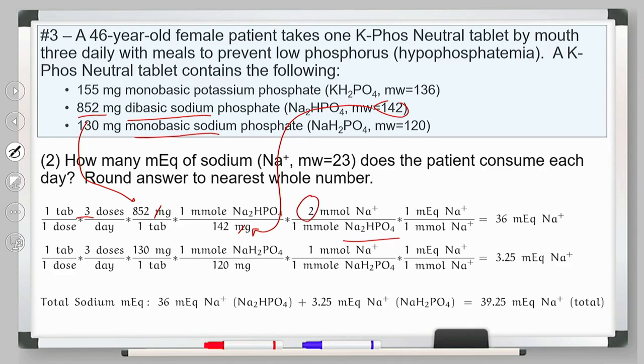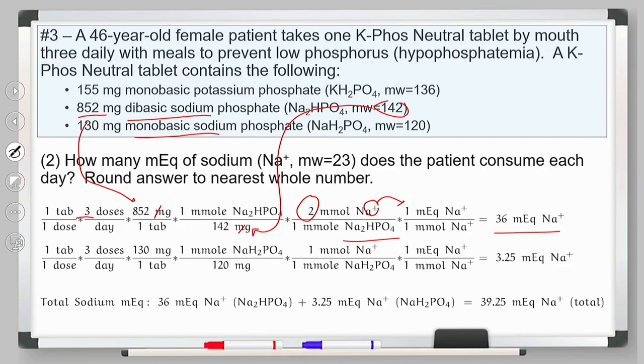It's because you get 2 sodiums from every parent molecule. So for every 1 millimole of the dibasic sodium phosphate, there are 2 sodiums contained in there. So you have to multiply by 2 just to get to the millimoles of sodium. To get to milliequivalents, again, the valence on sodium is just 1, so it's just 1 across there. Do that math, and I got 36. All right? So that's very different.